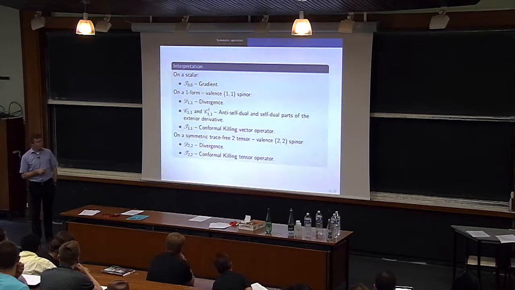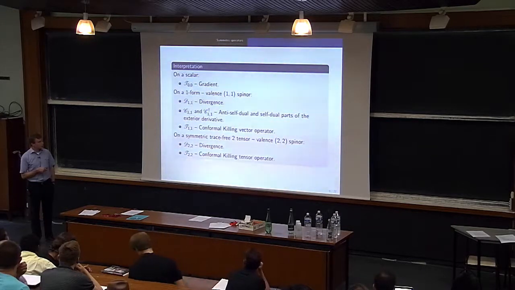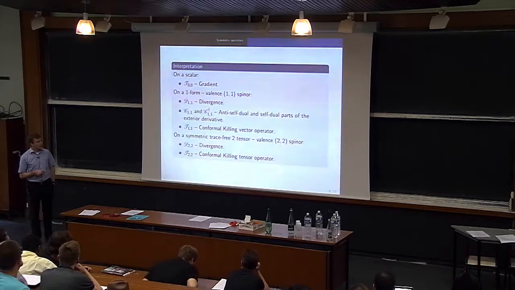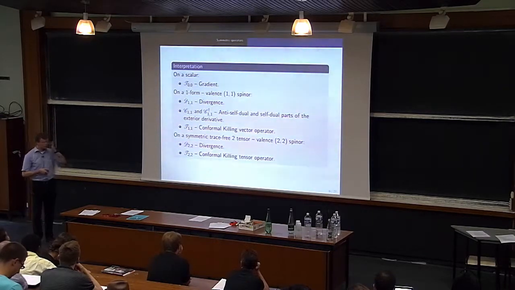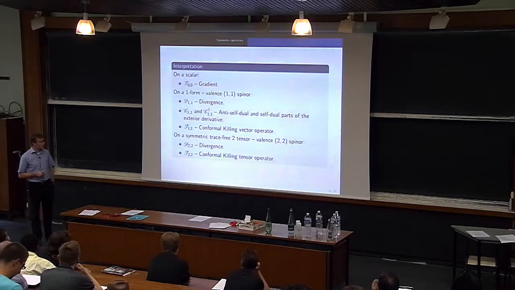For one forms, or equivalently 1-1 spinors, we have the divergence, and then the curl and curl dagger are actually the anti-self-dual and the self-dual parts of the exterior derivative. So we not only split into forms and things like that, but we also split according to self-duality and anti-self-duality.